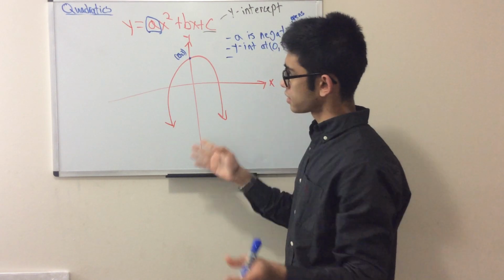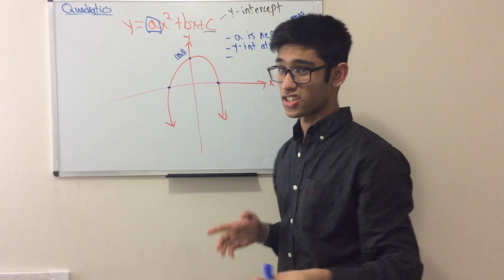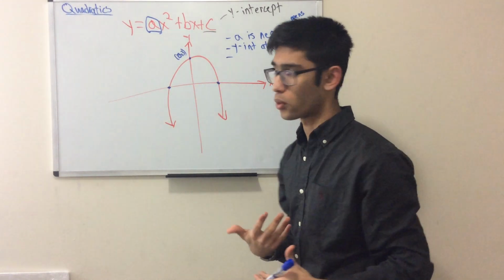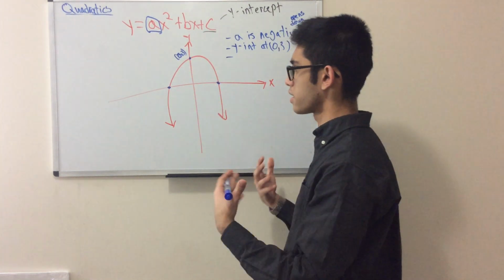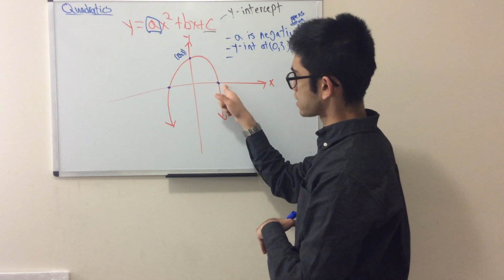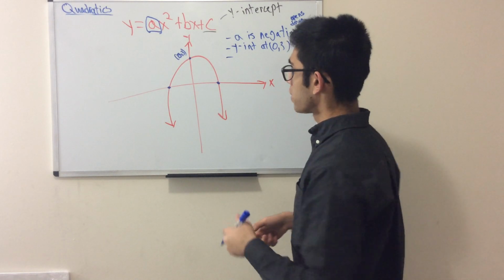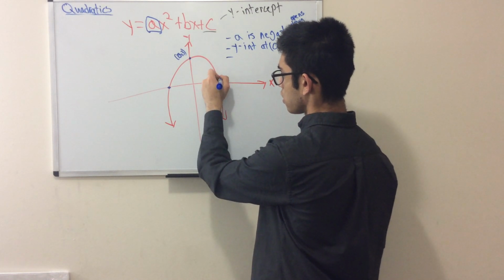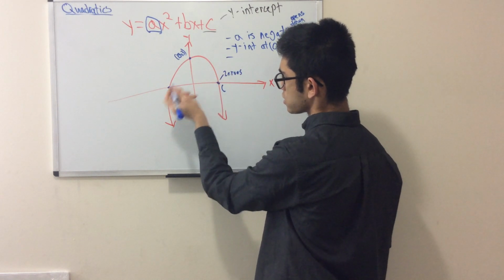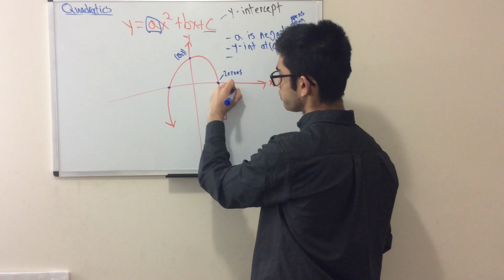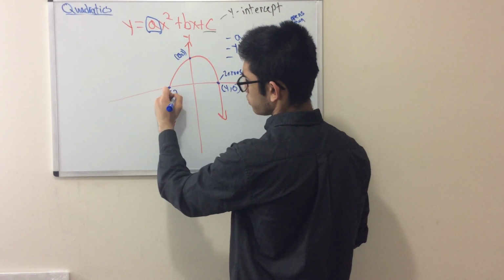The next little thing I'd like to talk about are these points here. Whenever a graph touches any of the axes, those points are usually important. Like the y-intercept: it touches the y-axis, we treat it as the y-intercept, and it's important. When it touches the x-axis, right here, this is also quite important, because these are called the zeros. Let's say this point right here was (4, 0), and this point right here was (-2, 0).